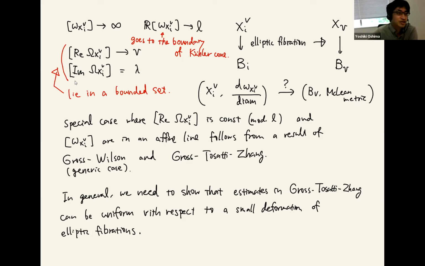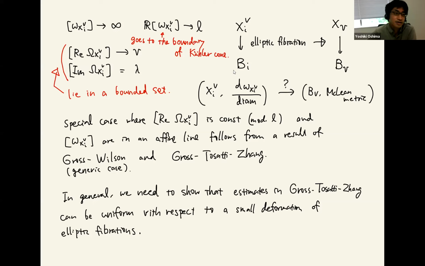So this implies that this elliptic fibration deforms, but deforms in some small bounded set. So there is a small perturbation. It's not fixed, but it deforms in some bounded region.